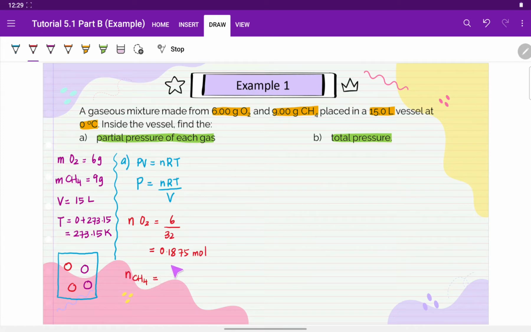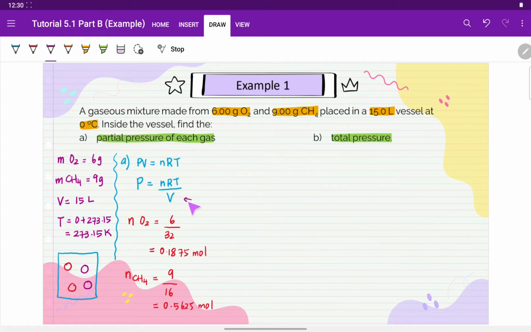Same method, mass over molar mass. The molar mass of CH4 is 16 gram per mole, and the number of mole of CH4 is 0.5625 mole.